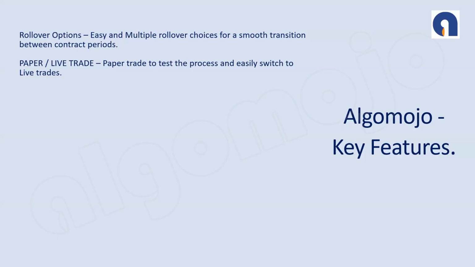To check those kinds of parameters, the paper trade facility is enabled in our platform. It is not a back testing or a forward testing kind of tool. We don't have a facility for back testing of any kind of strategies; you'll need to do it in your charting platform. So it is more to understand the process of order placement that paper trade is given as a feature in our system.